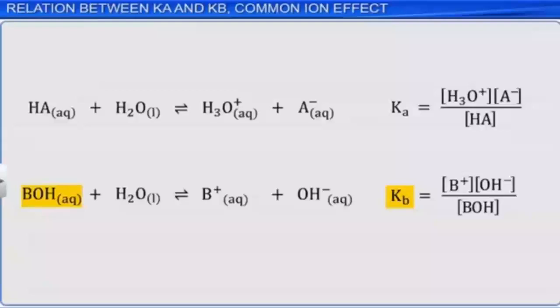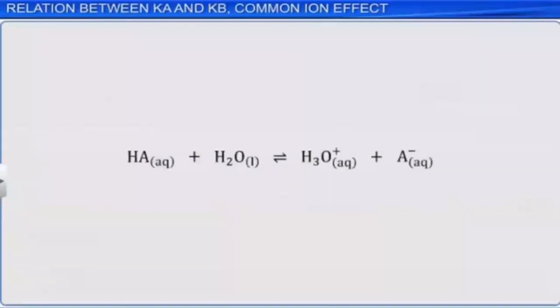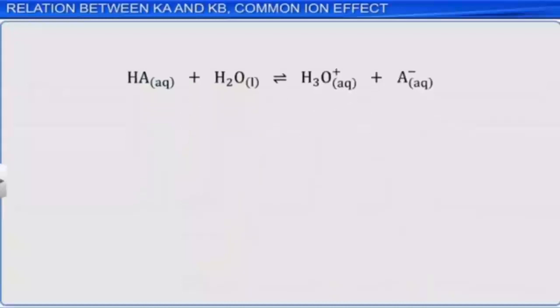You can also assume that the equilibrium constants for an acid-base conjugate pair are also related to each other. Consider the dissociation of weak acid HA in water. The acid dissociation constant, Ka, for this equilibrium can be written as Ka is equal to the product of concentration of H3O plus and A minus ions divided by concentration of HA.